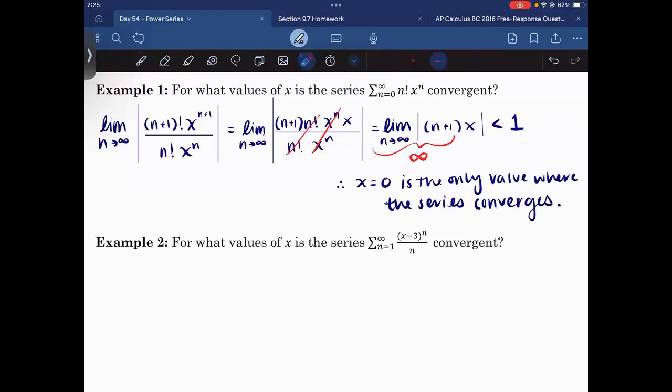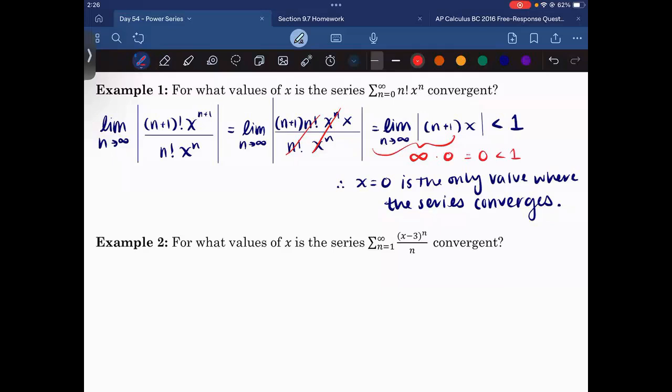So that might be a little confusing. It's like, wait, I thought it was infinity. We're trying to find where it does converge, which means it has to be less than 1. So what we're saying here is it has to be 0, because 0 times infinity, I know that's an indeterminate form, but let's just say for the moment infinity times 0 is going to equal 0, which is less than 1.